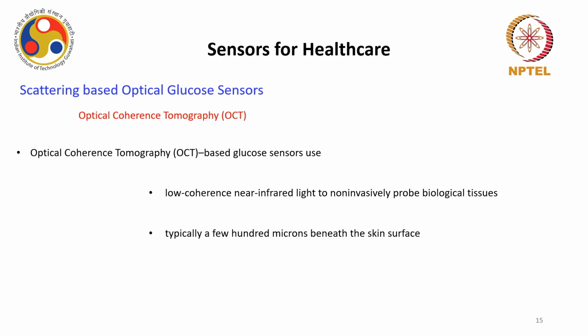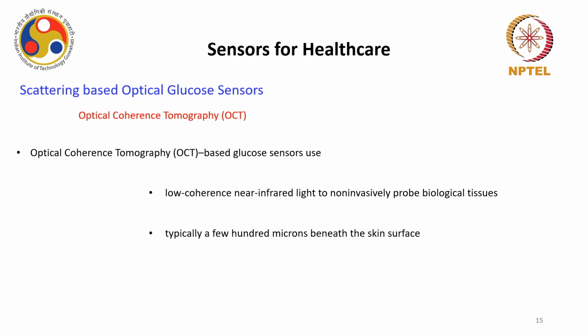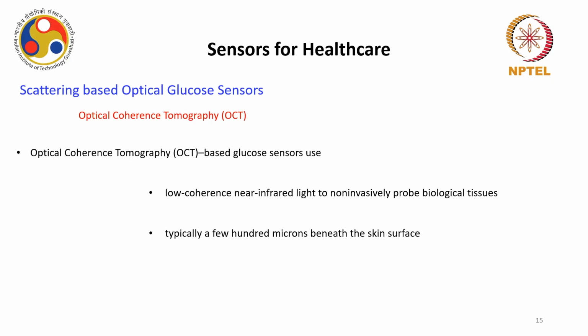So this is all about the absorption based optical glucose sensor, but we have seen that we can use a number of mechanisms for detecting glucose, including scattering. So let us see the scattering based optical glucose sensor, and we have seen that mostly the scattering based optical glucose sensor is used for a kind of imaging known as optical coherence tomography, OCT.